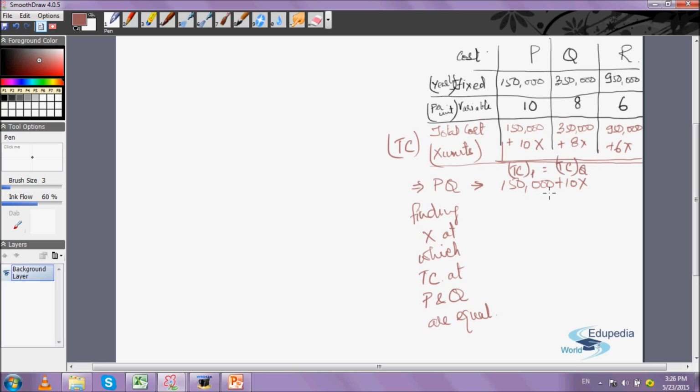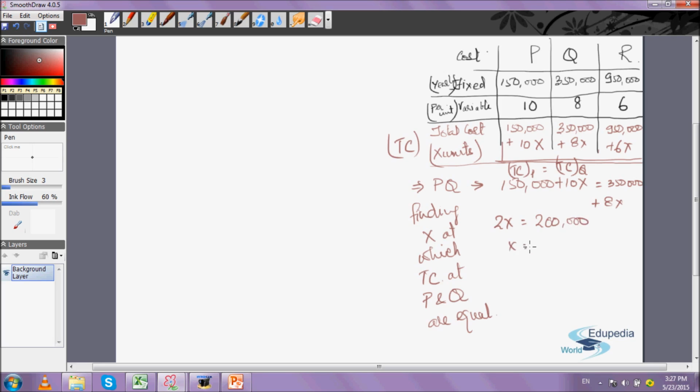Fine. So the total cost at P is 150,000 plus 10x, that will be equal to 350,000 plus 8x. Now let me take this 8x to the other side. We will have 10 minus 8 equals 2x, and when this 150,000 goes to the other side, it will be 350 minus 150 equal to 200,000, right?